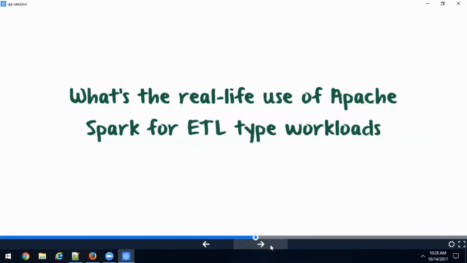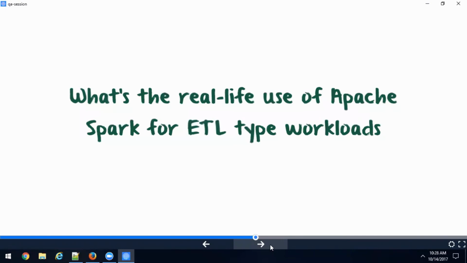Spark also has libraries for machine learning, MLlib, graph algorithms, and things like that. You can certainly use Spark for ETL type operation, but in production environments, you will most likely see Spark being used for a lot of analysis-based queries and iterative processing, and also for streaming. So that's one of the main benefits of Spark.